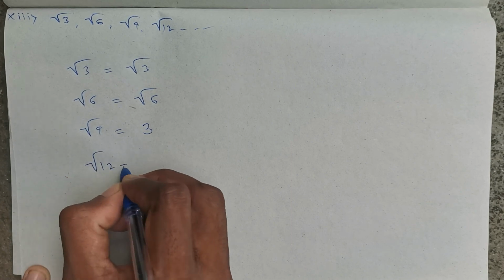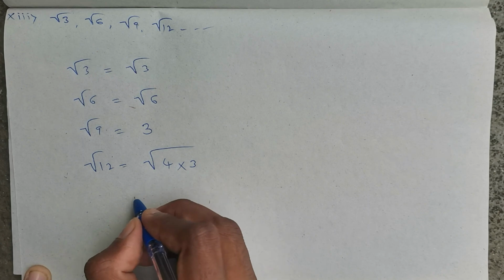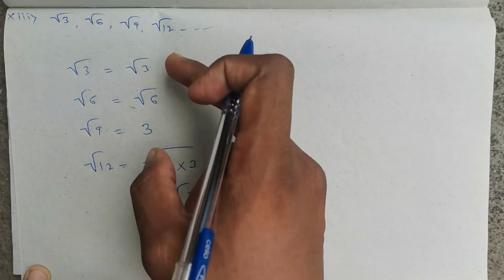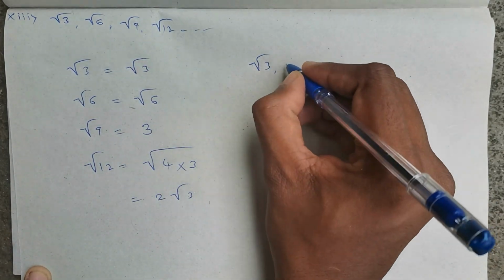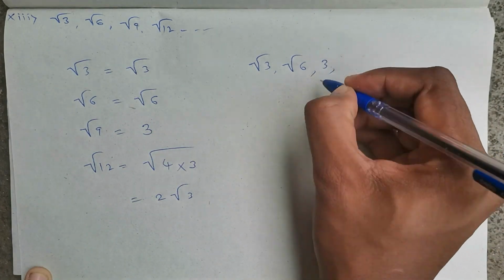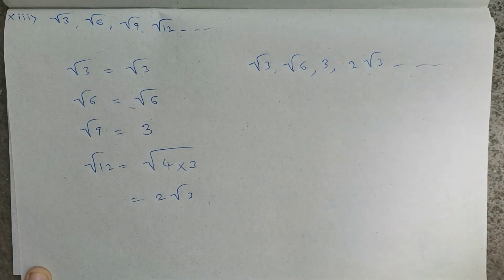Next, root 12 can be written as root 4 times 3, so root 4 is 2, giving 2 root 3. Now I am writing the terms in one series again: root 3, root 6, 3, 2 root 3 and so on.